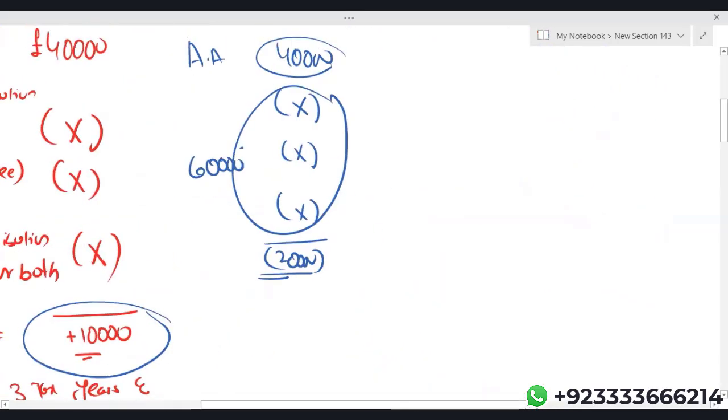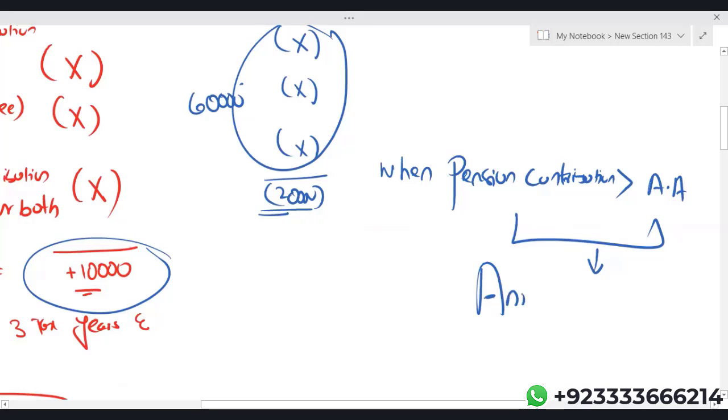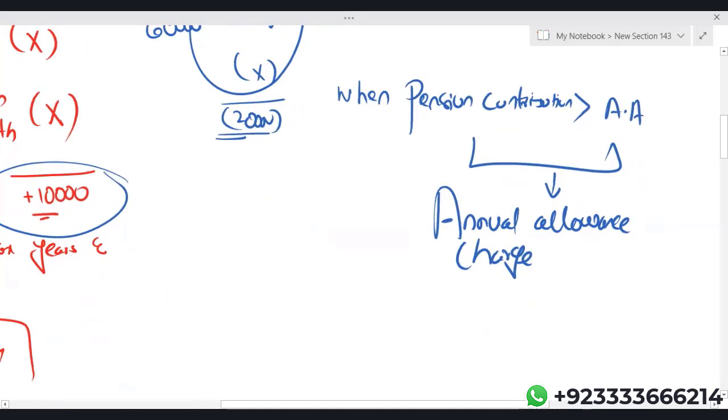Let me write here. When pension contributions, I'm talking about total pension contribution, is more than annual allowance, the difference is annual allowance charge. Now listen, logically this annual allowance charge is treated as your other income.